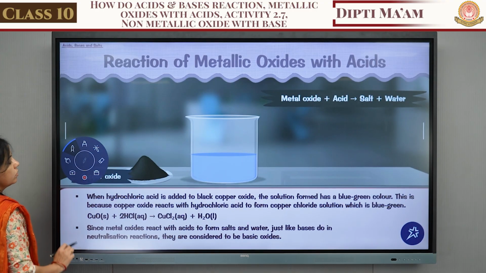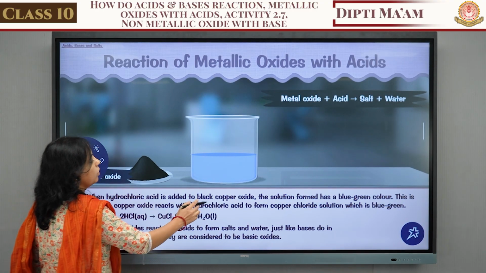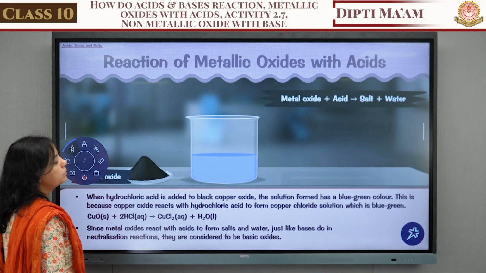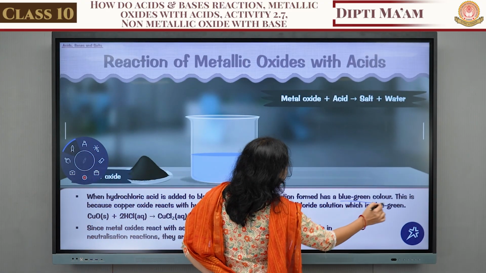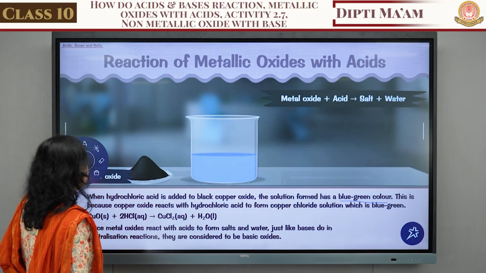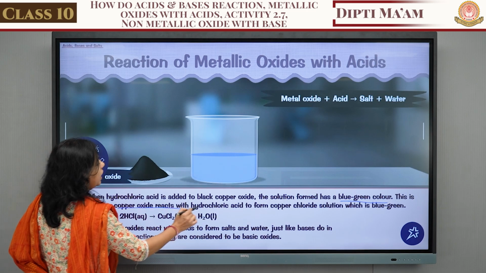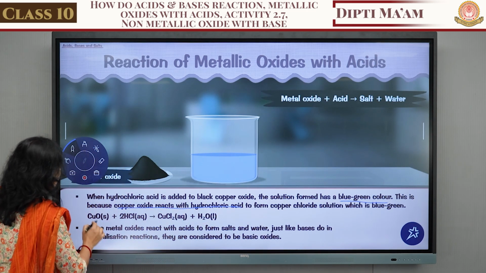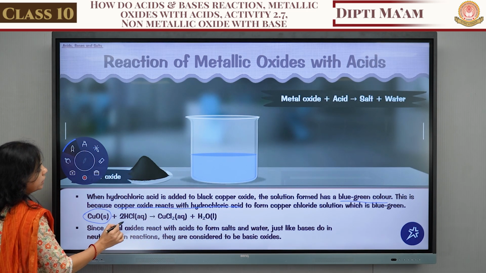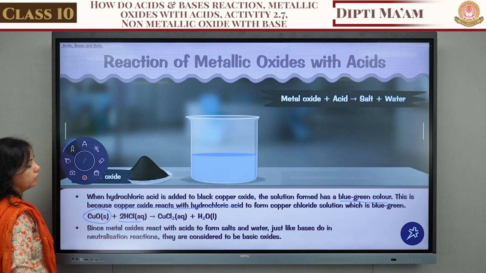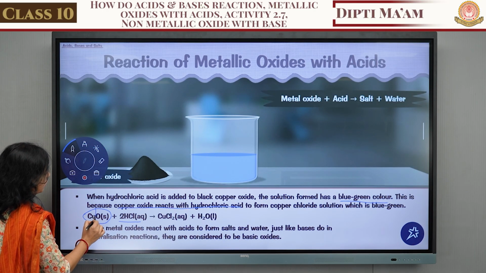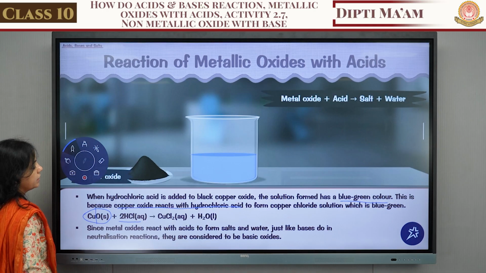So when the hydrochloric acid reacts with the black copper oxide, the solution forms a blue-green color, and this is because the copper oxide reacts with the hydrochloric acid. This copper oxide CuO reacts with 2 moles of HCl. In this copper oxide, Cu is positive, oxygen is negative.